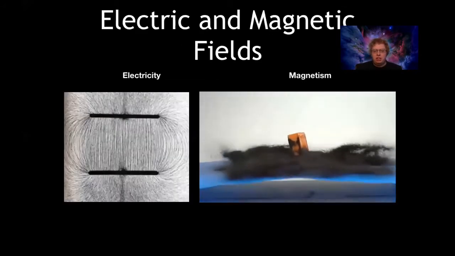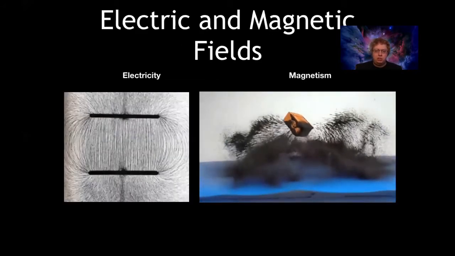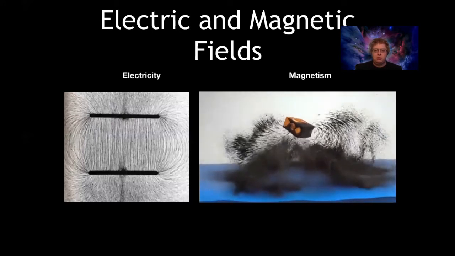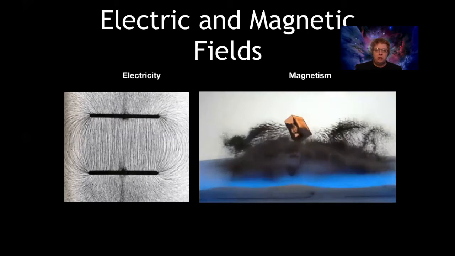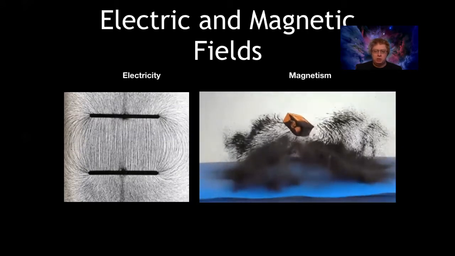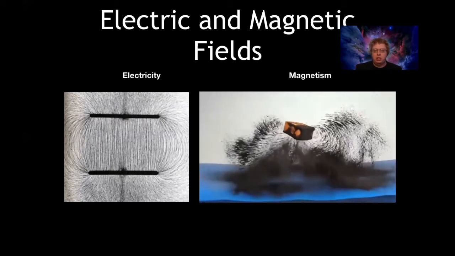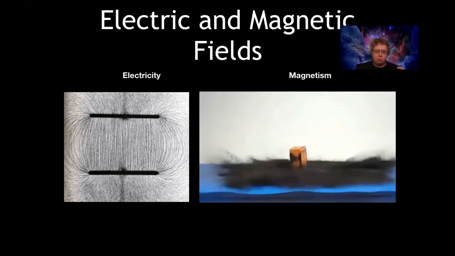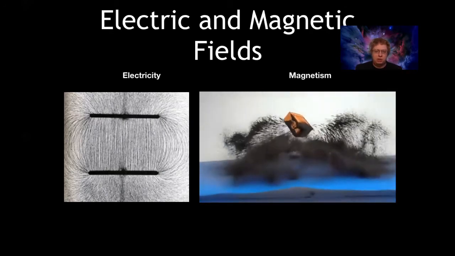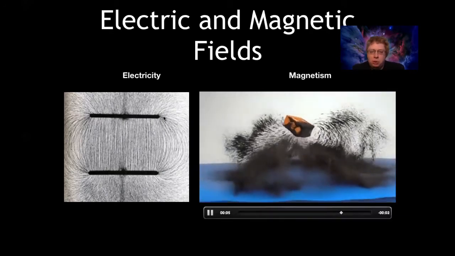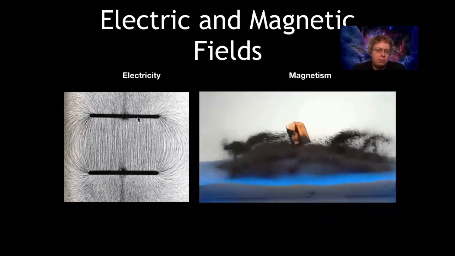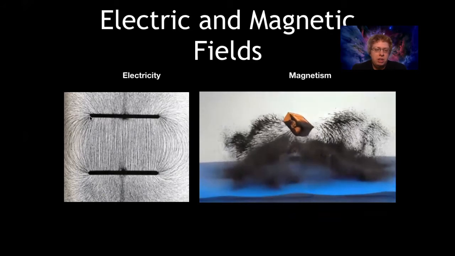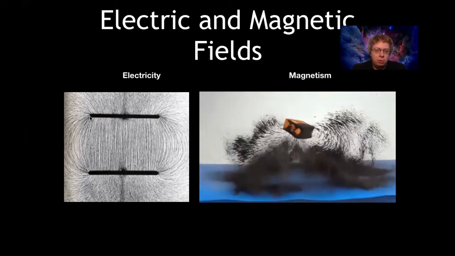When physicists think about forces, they usually try to think about them and visualize them in what we call fields. So there are electric and magnetic fields that we use to visualize how things behave in the presence of electricity and magnetism. This is a little bit of a weird concept, but I'm going to try to explain it with these images here. Starting over here on the left, this is an image of two plates of metal.